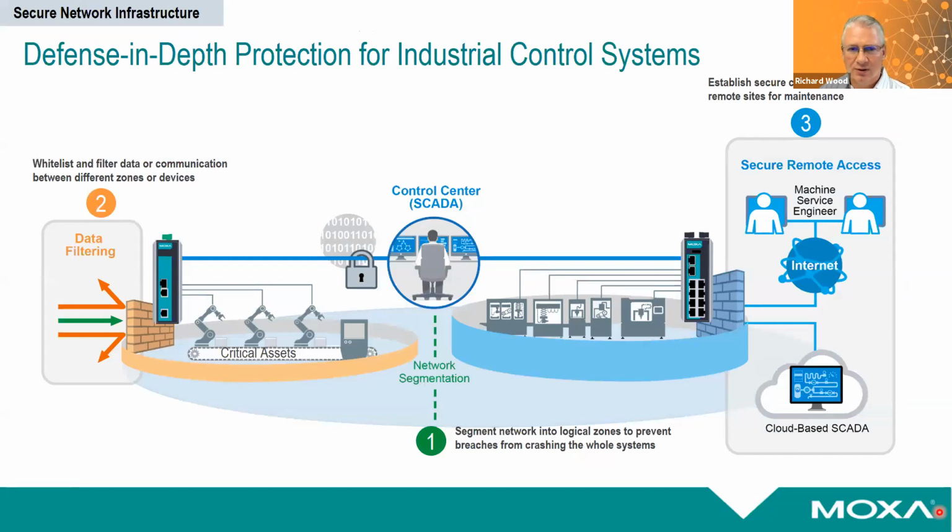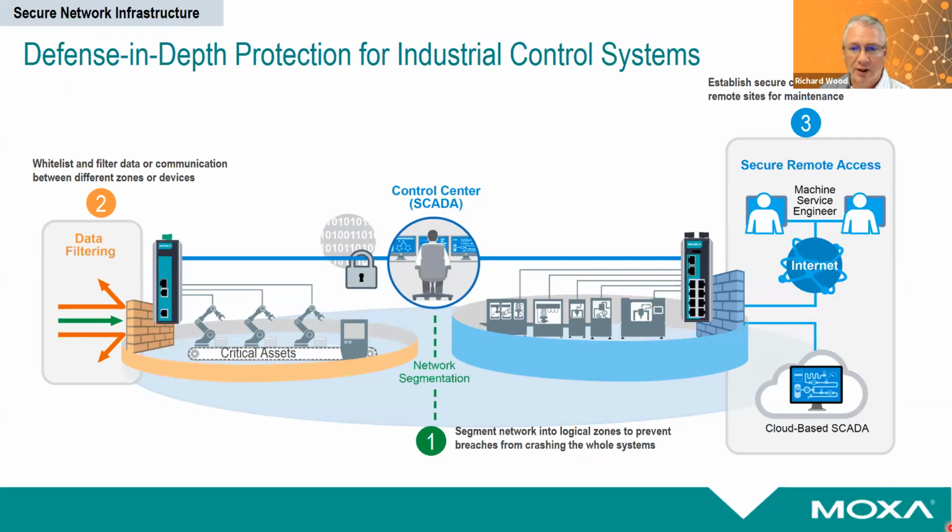The last thing I want to talk about is defense in depth, or segmenting your network. The idea that you put a firewall on the perimeter of the factory and call it a day is generally not great for an industrial control network. In many cases, you want to break up the network and segment it for two reasons.